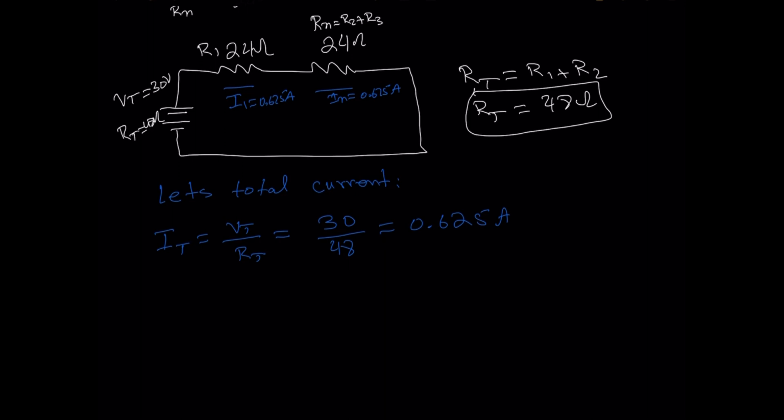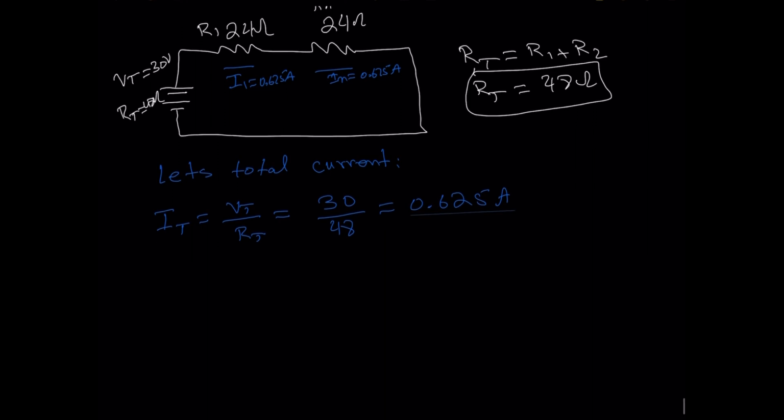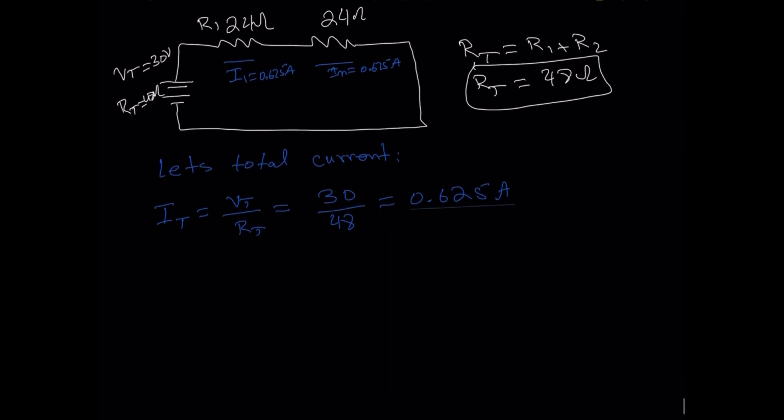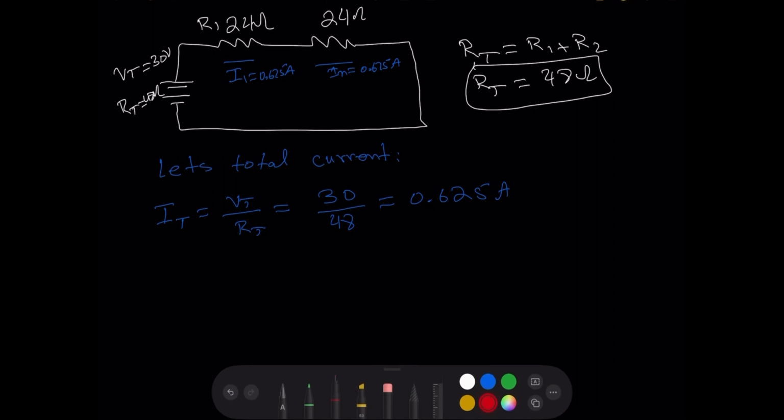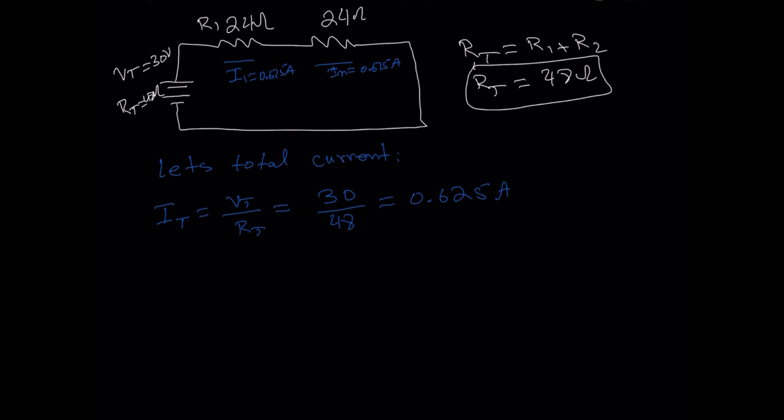Now we have In and I1. Let's find the voltage drop in each individual part of the circuit. Let's do the voltage drop with the red color. So V1 will be equal to R1 times I1.